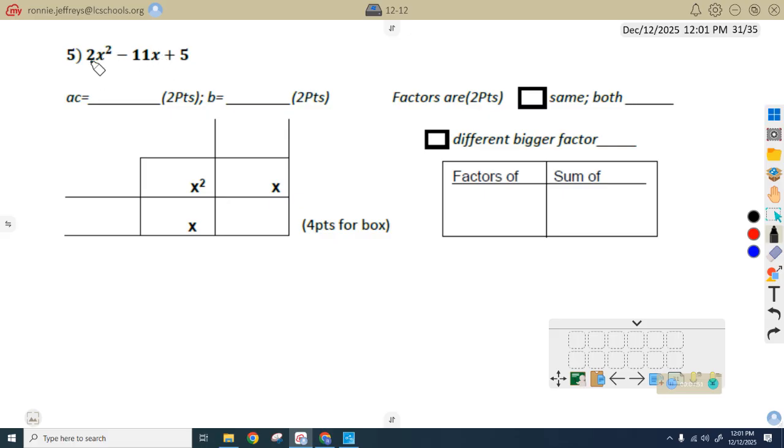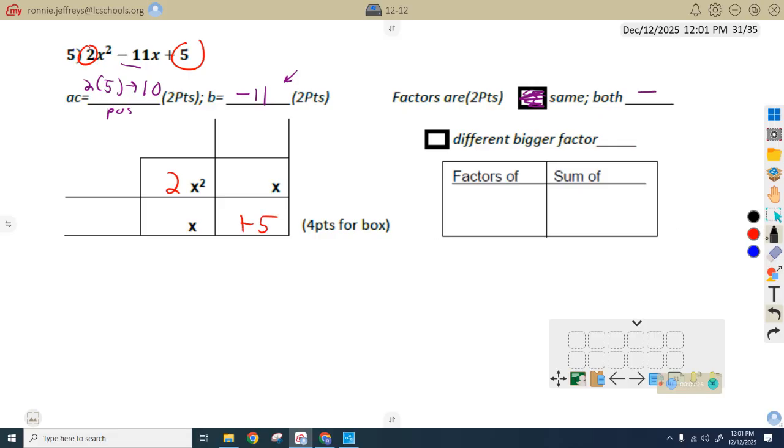So this one we have to multiply A times C. So this is 2 times 5, which is 10. And our b value is negative 11. Because, see, this is positive, this means our factors are the same. Because this is negative, that means they're both negative. Remember that A goes here, C goes here.